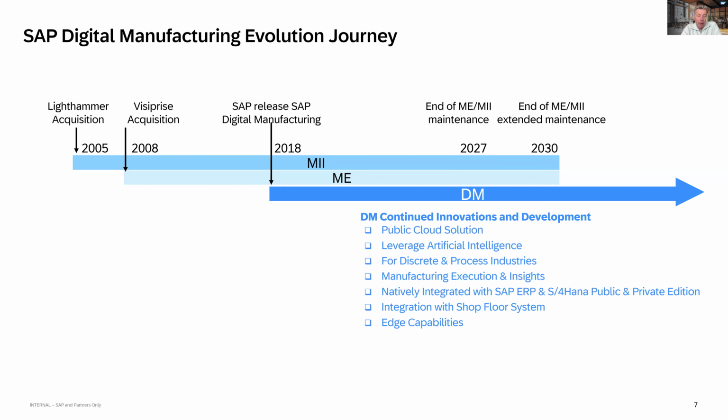But hopefully, in 2018, the first solution developed on BTP, SAP Digital Manufacturing, has been launched. And so SAP DM, the intent of this solution is replacing ME and MII. As you can see here on this slide, this is a public cloud solution.